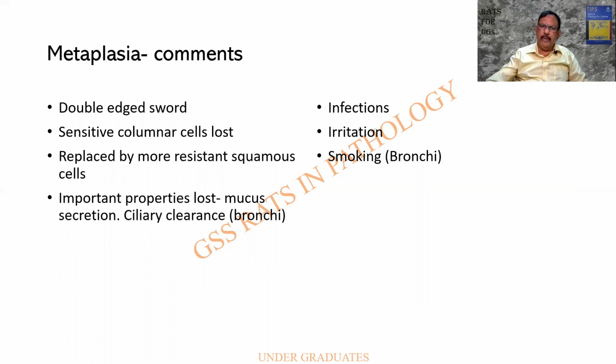So this is important that we should bear in mind. So the important properties such as mucus secretion, ciliary clearance, particularly in the bronchi, are all lost. And these can be the causes for it. Infections and irritations. Smoking, particularly in the bronchus.